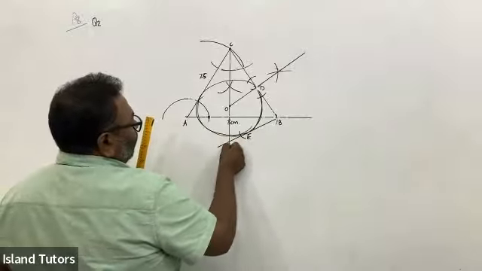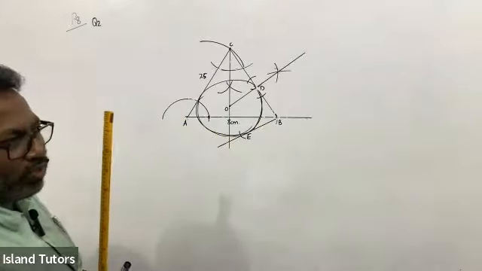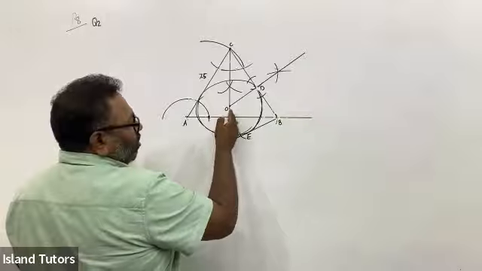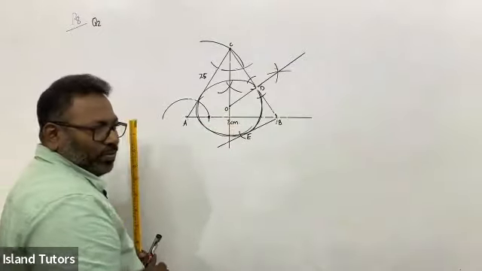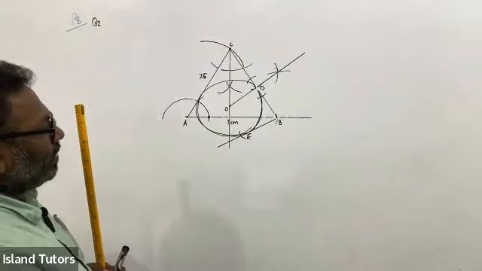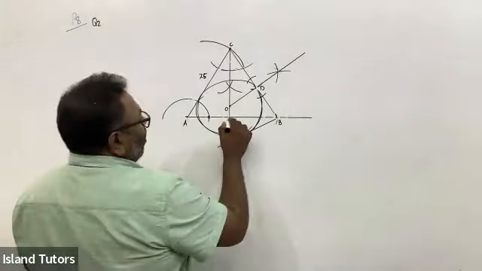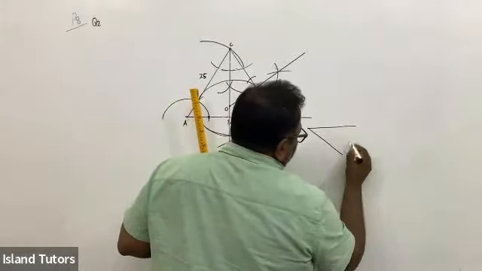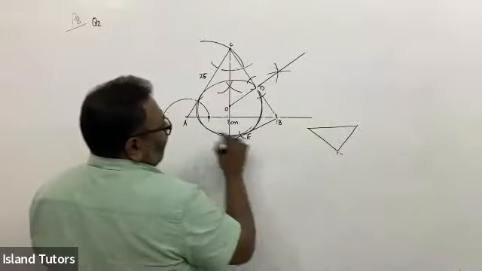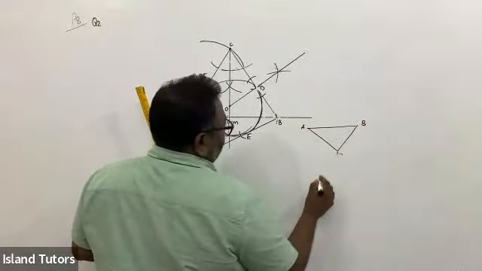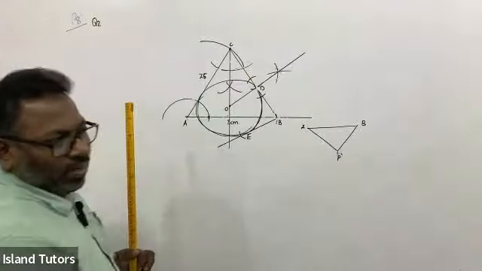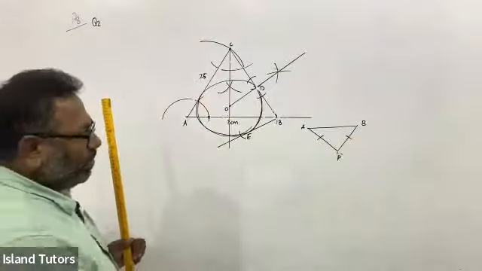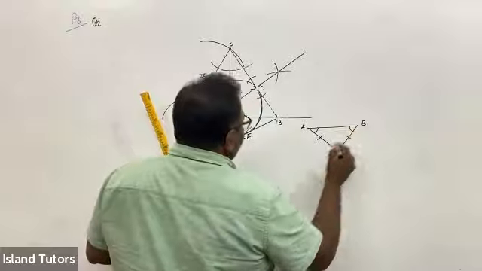So AB should come here. In order to do that, guys, you need to draw a perpendicular from here. If you draw a perpendicular, now you have a triangle like this, A, B, P. An isosceles triangle means this side and this side are going to be equal, and these two triangles are going to be equal.